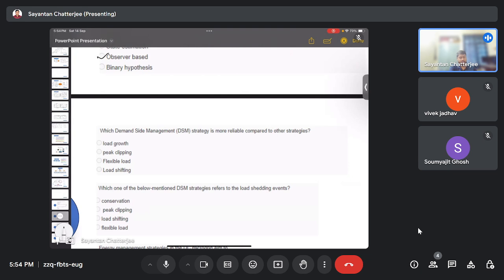Which demand side management strategy is more reliable compared to the other strategies?